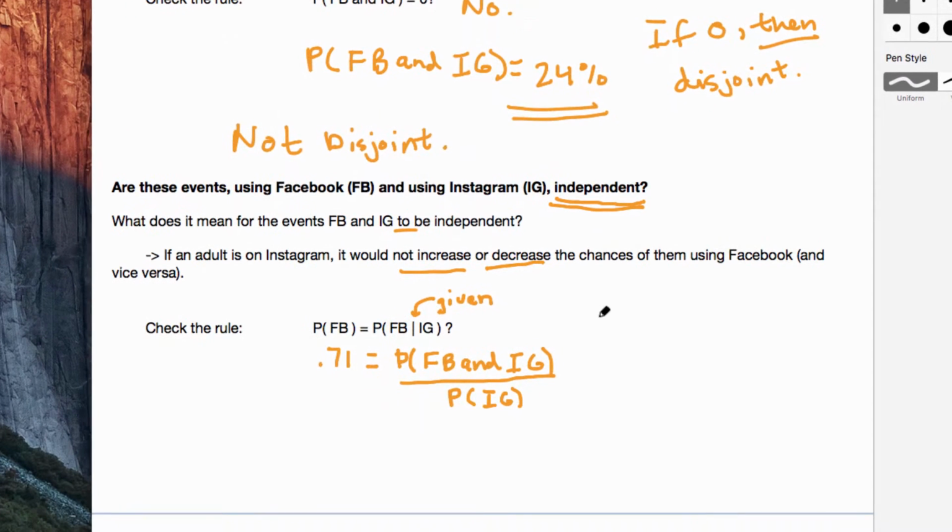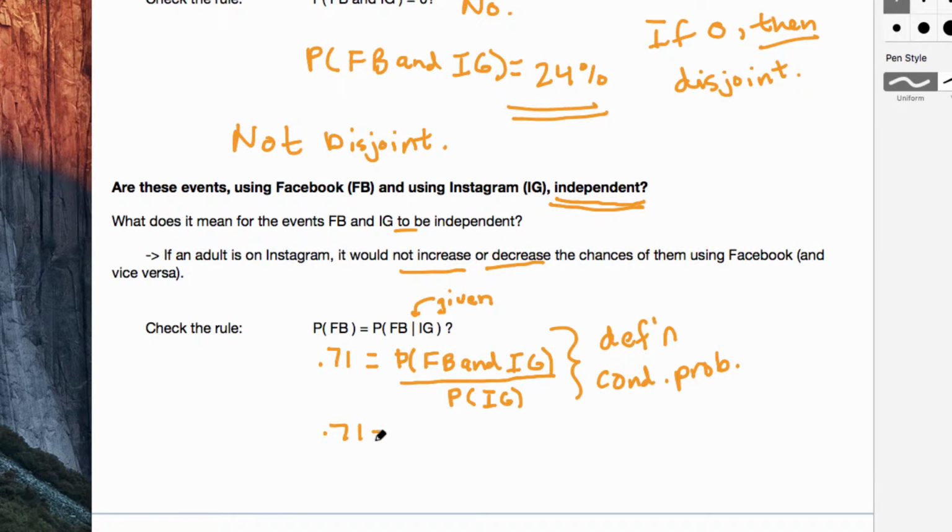And that's just the definition of conditional probability right here. So go to your book, look up that definition, we rewrite it, because now these two pieces, the numerator and the denominator, I know those numbers.